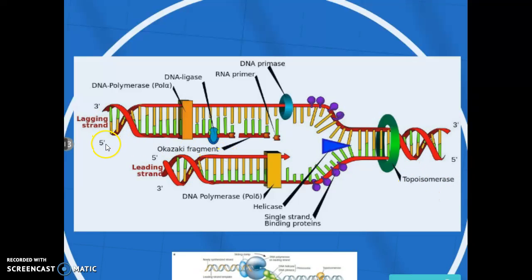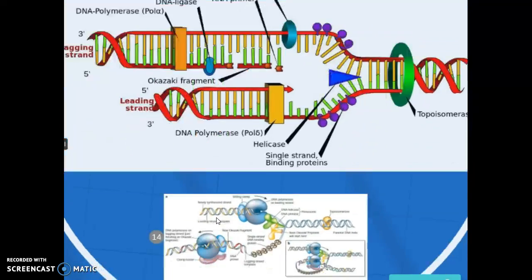Where if you see on this side, the 5' to 3' has not been fully opened. You have the 5' over here, and then the 3' at this end. So you can only do so much until it is time to add a new primer.